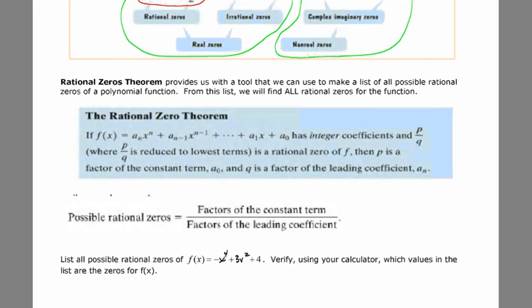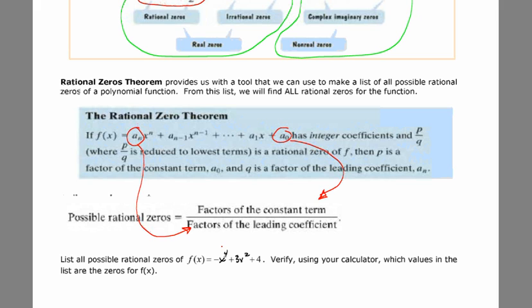So here's how we'll construct the list. Given a polynomial in its regular form where it's in descending powers, all the coefficients here are nice integers, what we do is we take the constant term, that term at the end, and list all the factors of it in the numerator. Then we take the leading coefficient, this guy, and write all the factors of it in the denominator.